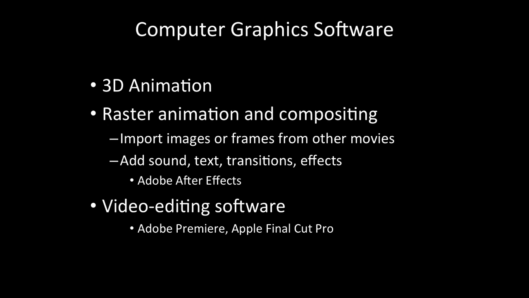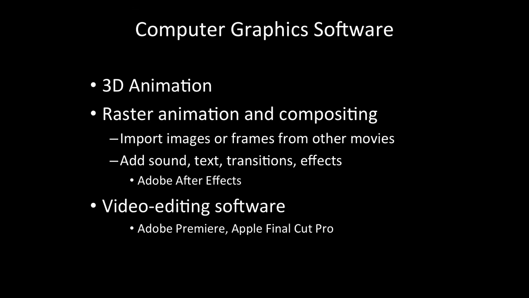It's possible to create a fairly long animation in one of these 3D programs. But generally speaking, most animators don't create an entire movie from beginning to end within their 3D software.